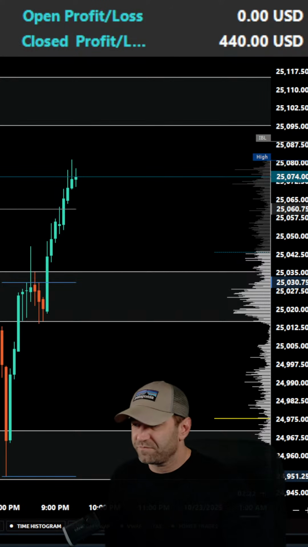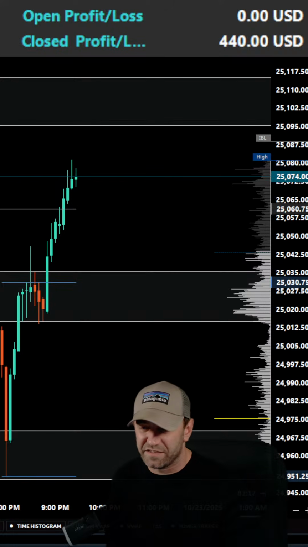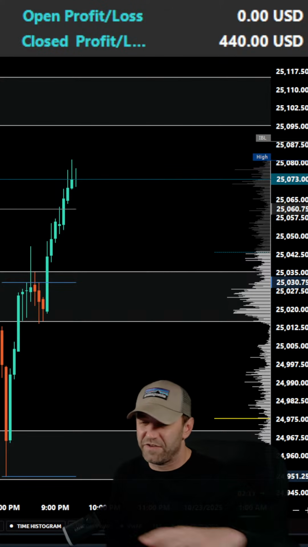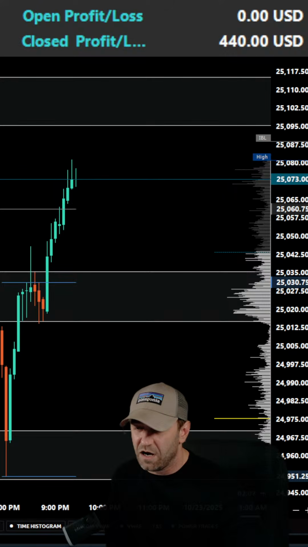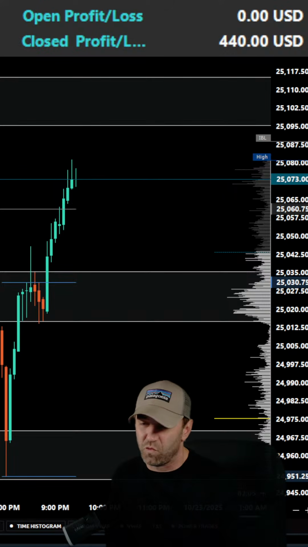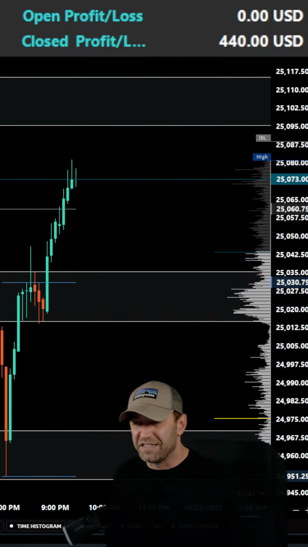However, if you just want to get in and start making money, and here's the other thing, consistency also changes from the evaluation to the direct to funded. After you pass the evaluation, in your funded account it's 35% consistency. On your direct to fundeds, it's 20% consistency. So the consistency significantly drops on the direct to fundeds.